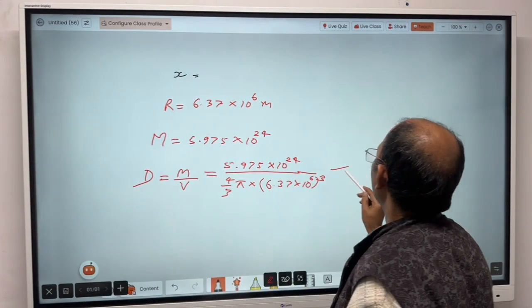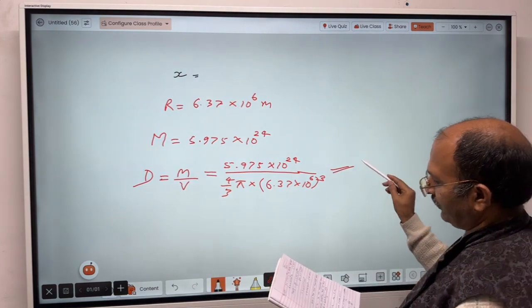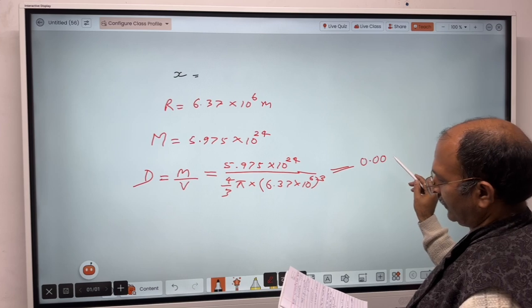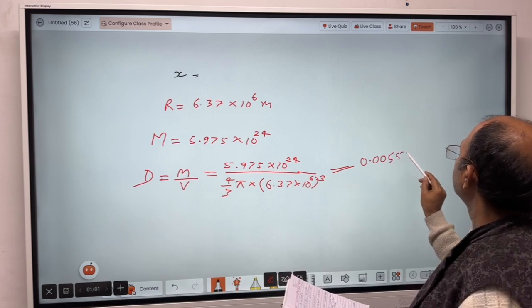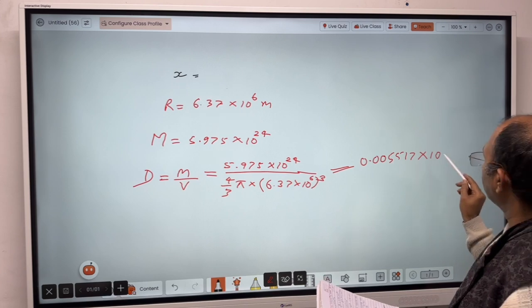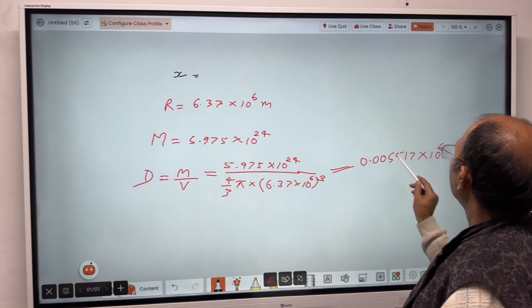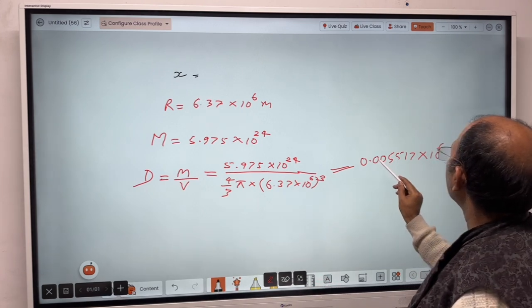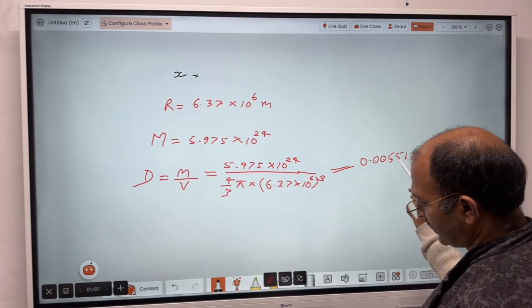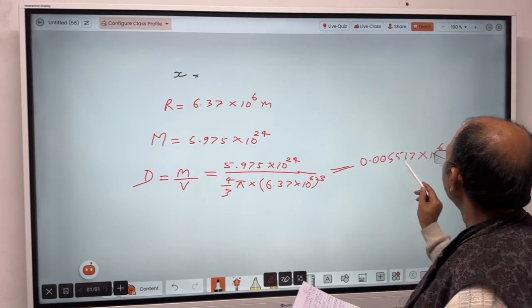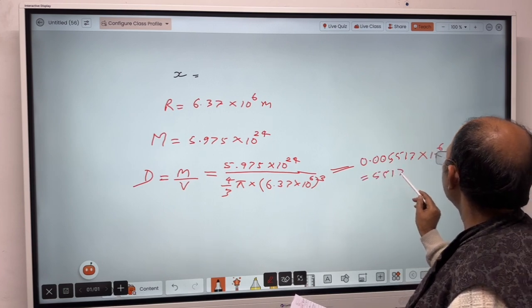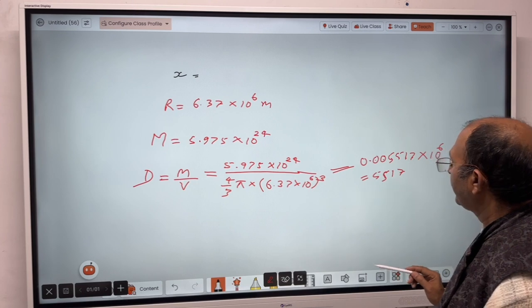I know that you all are intelligent. So we get 0.005517 into 10 to the power 6. We can count 1, 2, 3, 4, 5, 6. It means we will get this number: 5517.